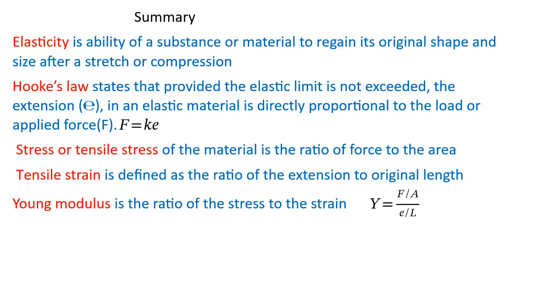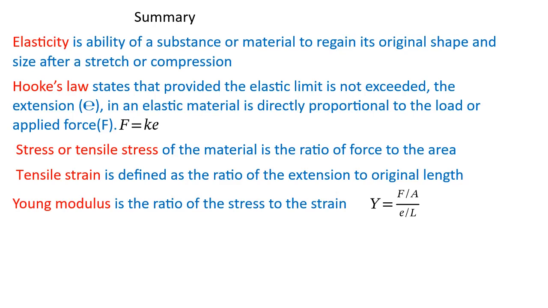Hooke's law states that provided the elastic limit is not exceeded, the extension in elastic material is directly proportional to the load or the applied force. Therefore, it can be expressed mathematically as F equals KE. F is the force, K is the stiffness, and E is the extension.